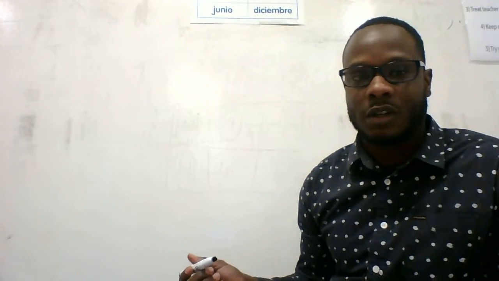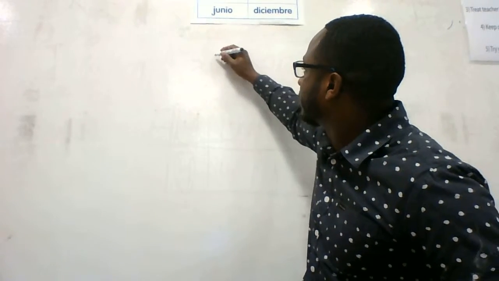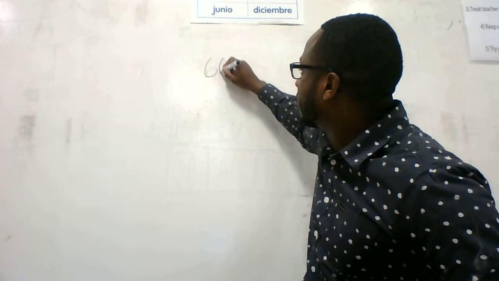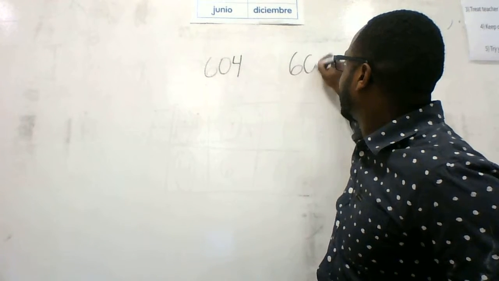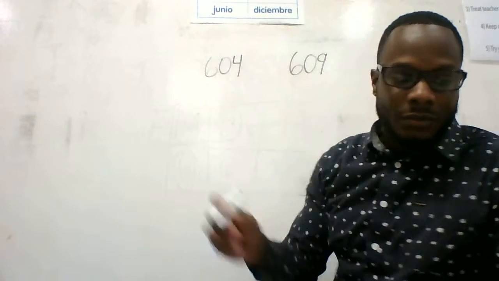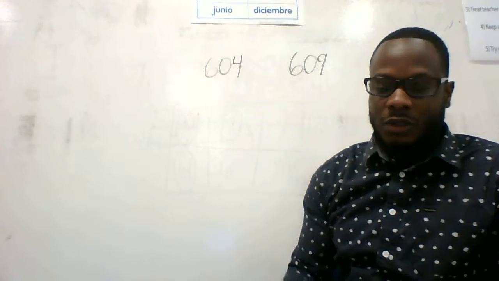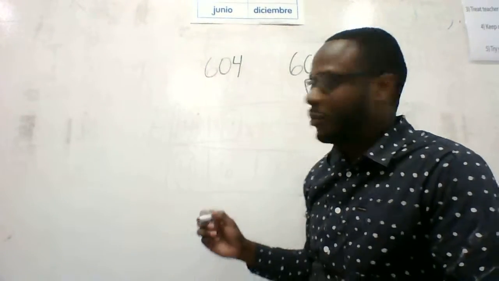Okay, we're going to move on and compare two more numbers. We have 604 and 609. So we're going to write it down. 604 and 609. So we can do the same thing we did before to compare the two.